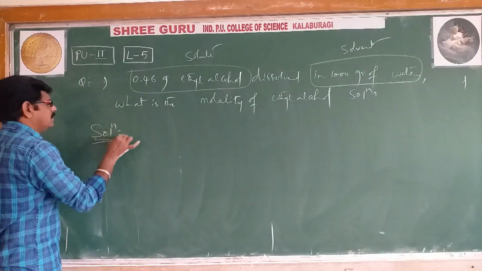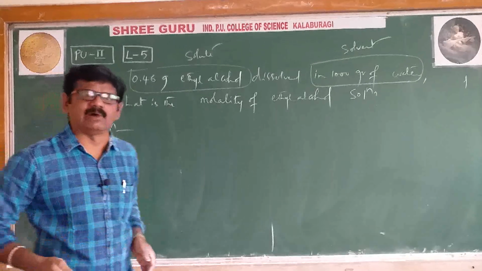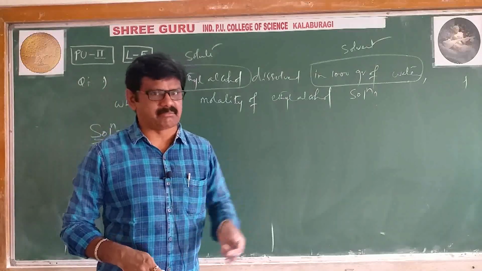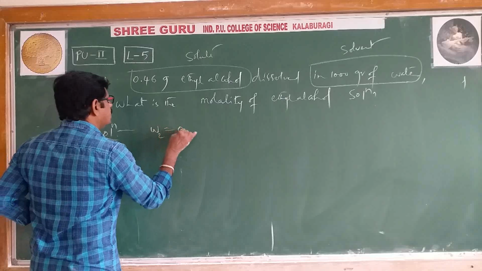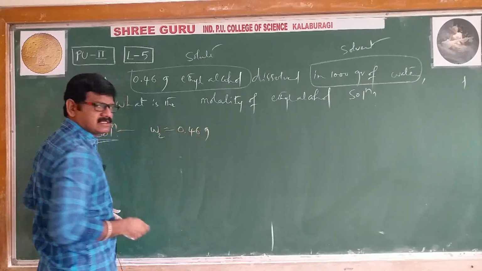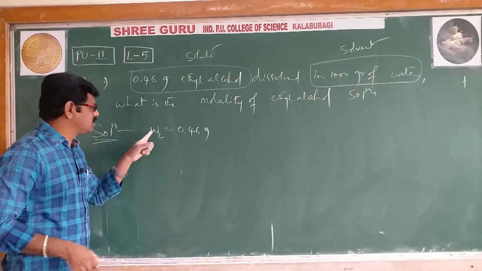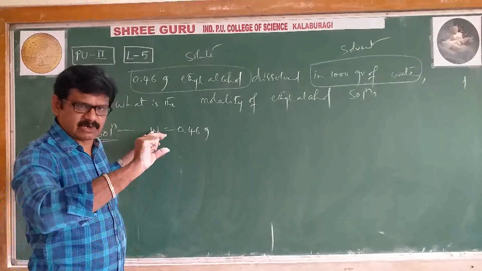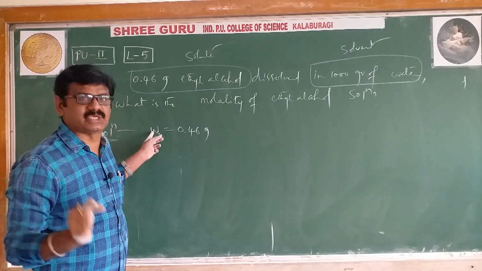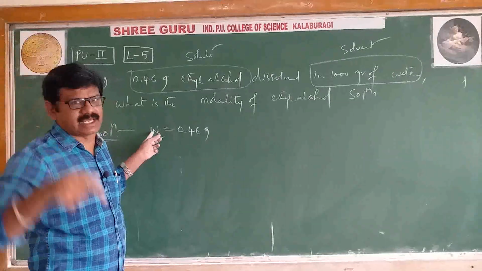For every question, we compulsorily have to write the relevant data. That is 0.46, nothing but W2, 0.46 grams. Remember, in the examination, don't write W2 directly. Already in the last video I explained, you must mention mass of solute, and in the brackets write W2.